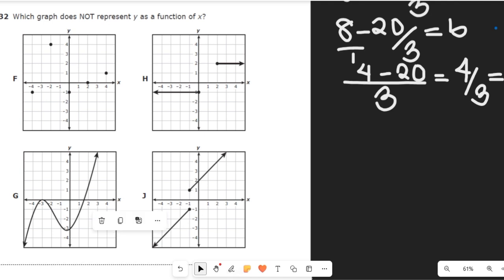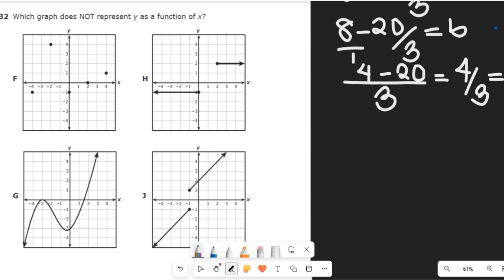Now, for this coordinate point, we have the value of x, which is minus 2, and a value of y, which is minus 4. For this, we have x which is 4, and y which is 1. For this, x is 2, and y is 0. For this, x is 0, and y is negative 2.